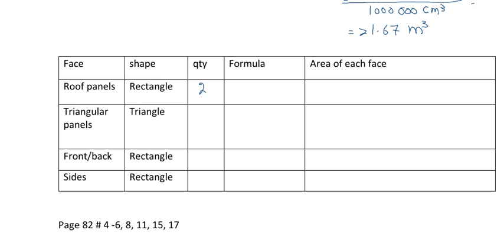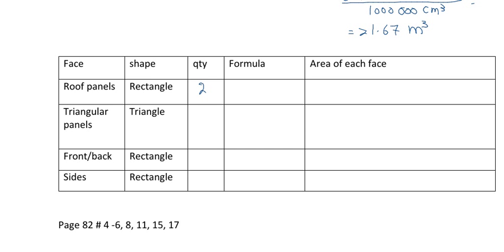No, because I am not covering the floor. I'm just talking about the outside surface area. That's a very good question. The floor and the top of the box are not going to be counted because they're not from the outside. So, roof panel, I have 2 rectangles.